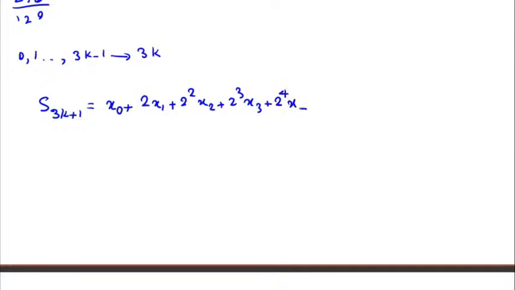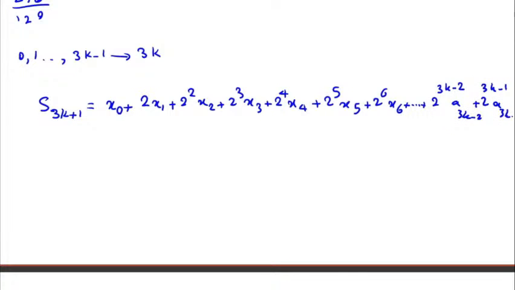For example, plus 2 to the 5 x5 plus 2 to the 6 x6, and at the end you write 2 to the 3k minus 2 x3k minus 2, plus 2 to the 3k minus 1 x3k minus 1, and plus 2 to the 3k x3k.